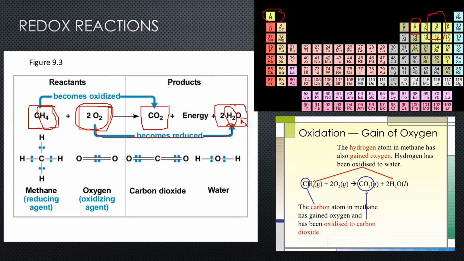So let's summarize that on our next page. I have a table that tells you, when we have all these various elements involved, what you are looking for when trying to figure out which part of the reaction is the reduction and which part is the oxidation.